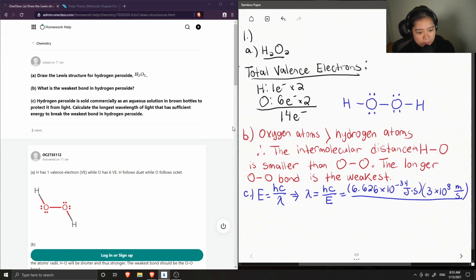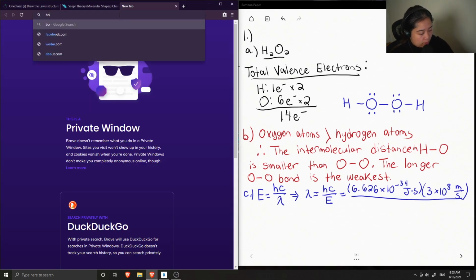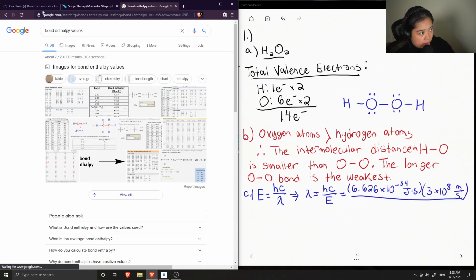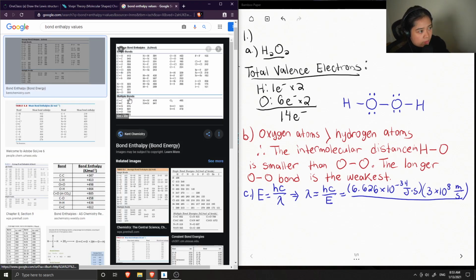Now for E, we need to find the bond enthalpy of the two oxygen atoms. So I'm just going to look it up on Google. The bond enthalpy between two oxygen atoms is found here, so it is 146 kilojoules per mole.